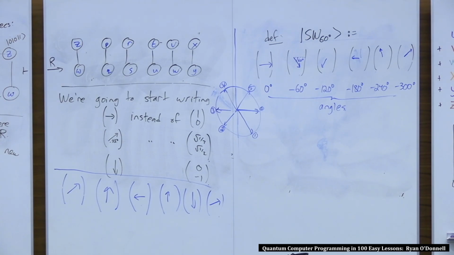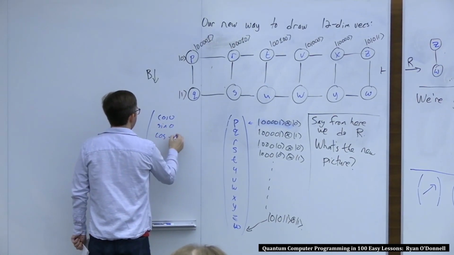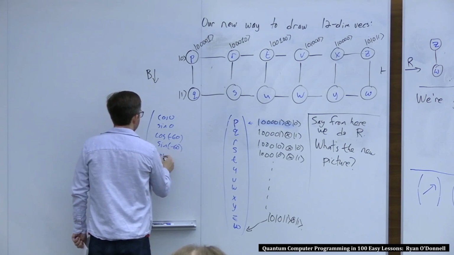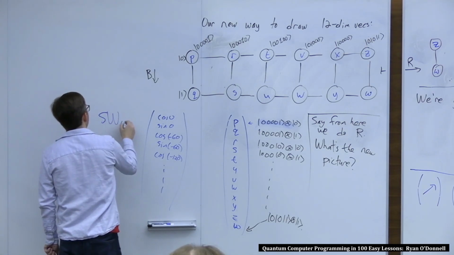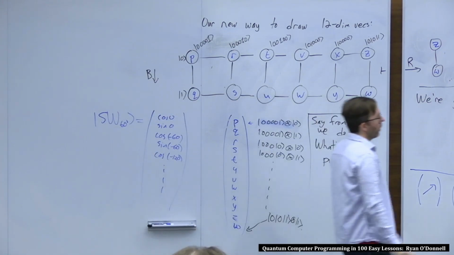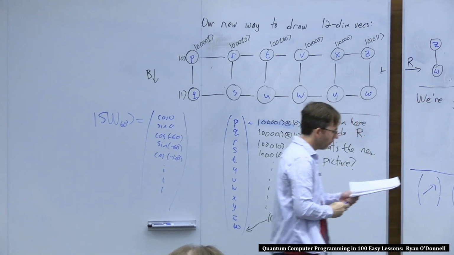If you were really to write this down as a height 12 vector, like way back here, it'd be cos 0, sine 0, cos negative 60, sine negative 60, cos negative 120, et cetera. This would be the steering wheel state. But we're just going to think of it visually, where this vector ticks around 60 degrees clockwise in each step.